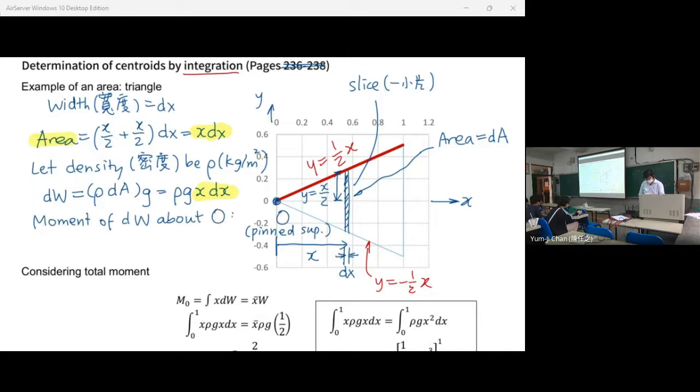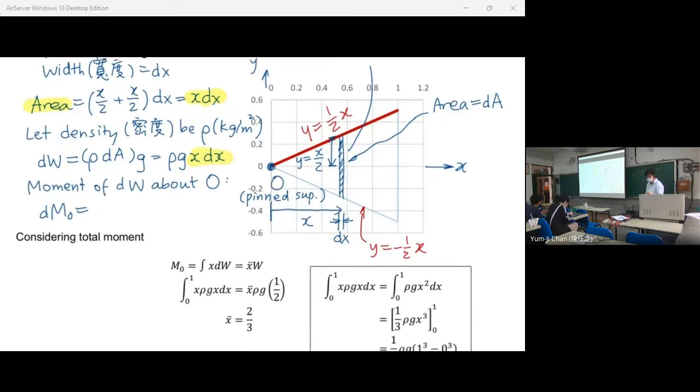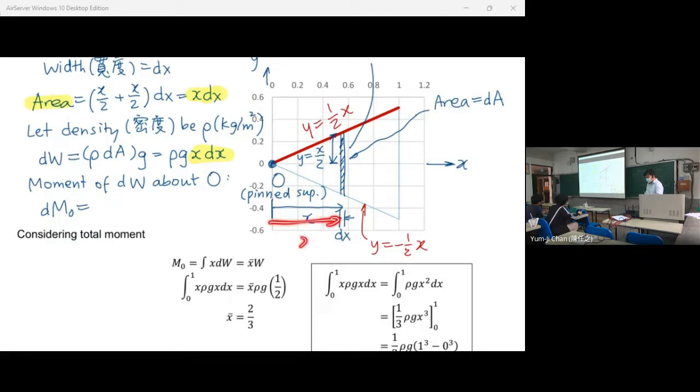Which is equal to the moment, M_O, is equal to what? Moment is equal to moment arm times force. What is the moment arm? Moment arm is this part, and the force dW is here. Moment arm is x, and this is the force dW here.